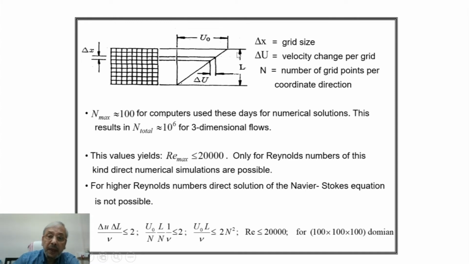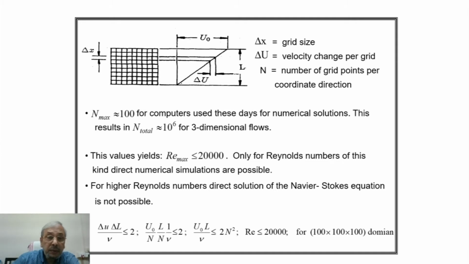The gap between two plates is given by L, and this gap is divided by 100 points, and the flow field, let us say, is a 3-dimensional flow field.